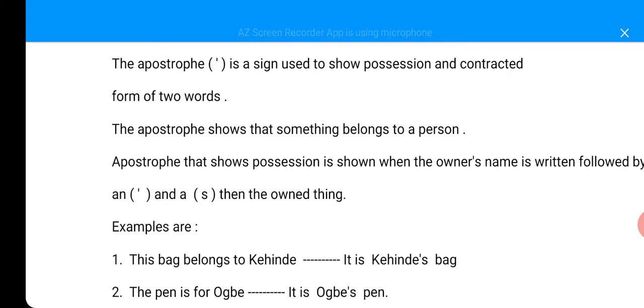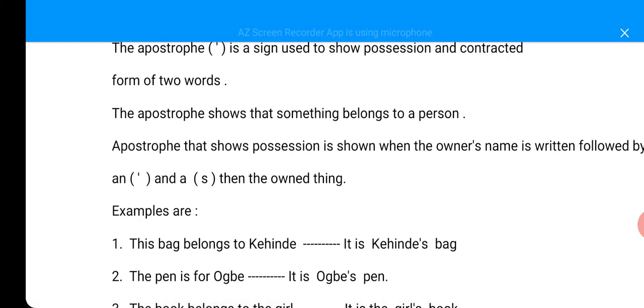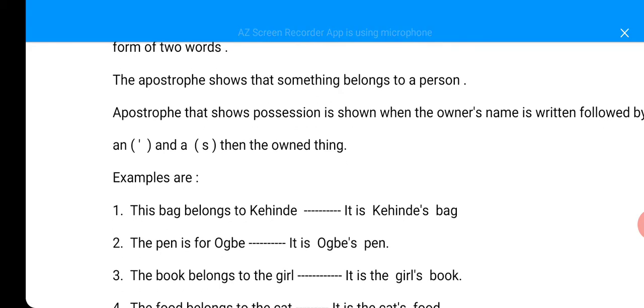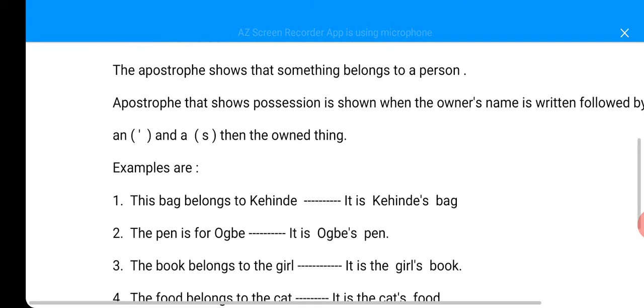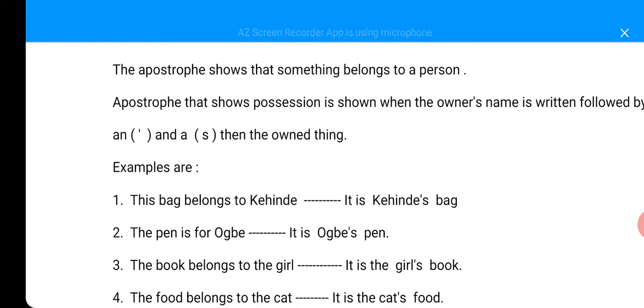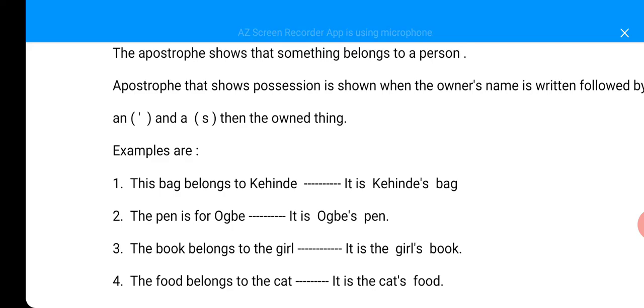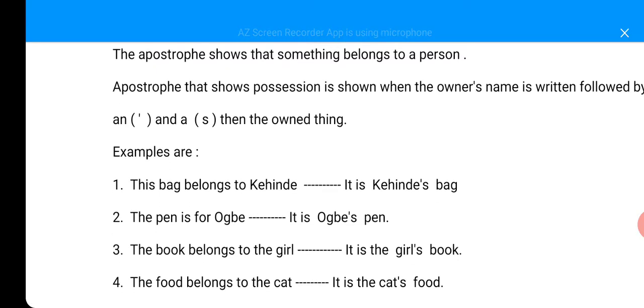So I said the apostrophe shows that something belongs to a person. It may belong to a person, it may be human, it may be an animal. So the apostrophe is used to show that this thing belongs to a particular person.